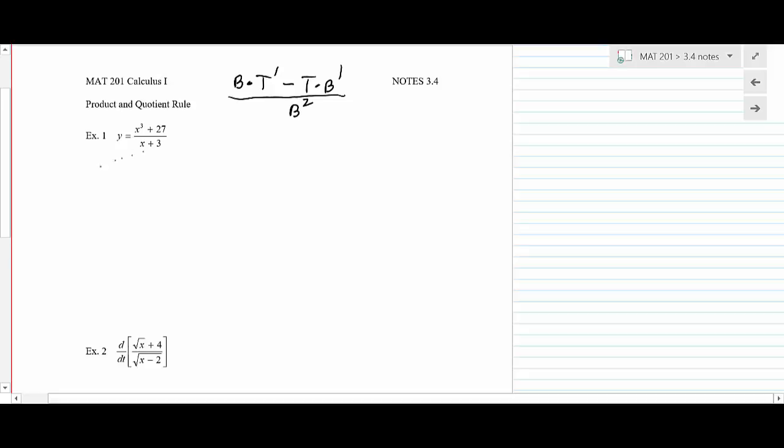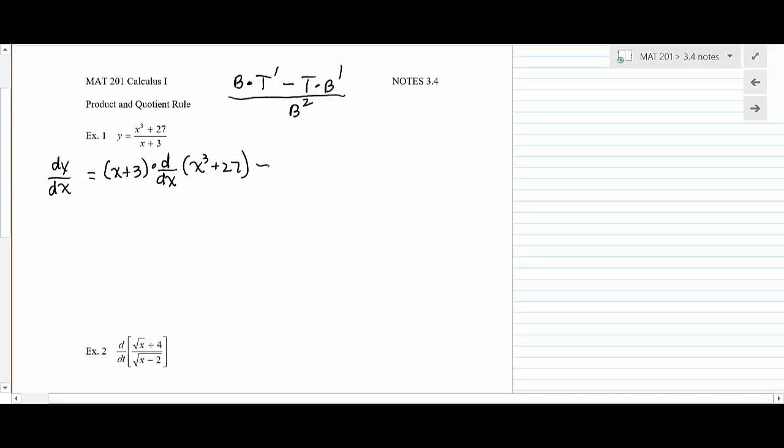Okay? And what you want to do is you want to start by making sure you can put this in the formula correctly and getting that done. Okay, so we start by just writing the bottom, which is x plus 3. And then I prefer that you set it up in the formula before you do the derivative until you get a little more experience with it. So we do the derivative of the top, like that. And then you just do it backwards.